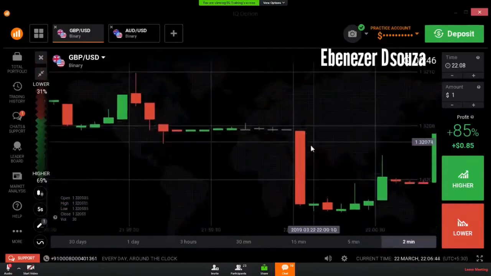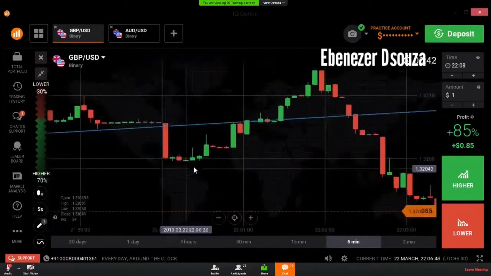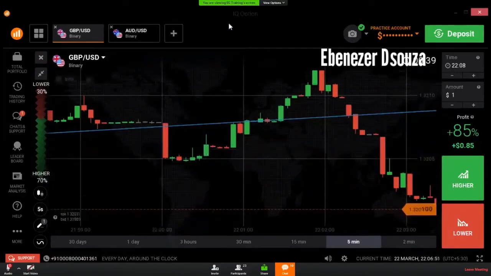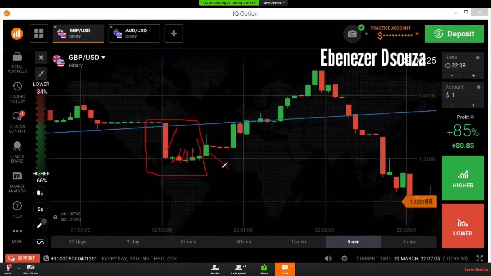Okay, here this candle, we are seeing a confirmation candle here. First, second, third, fourth, fifth, sixth. In the first 30 seconds, there is no confirmation candle. We are seeing a confirmation candle here. This is not strong, but we can take this candle also as a confirmation candle.